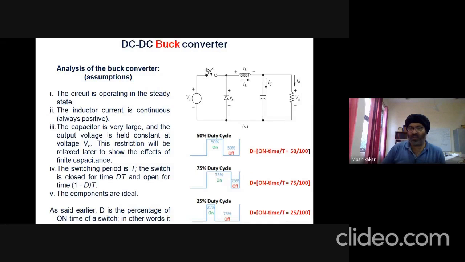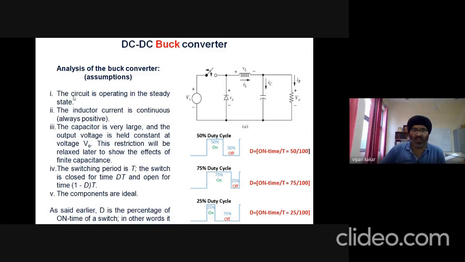This is a transistor switch, this is a diode switch, so that things can be simplified. But in practice, we don't use diodes, we use transistors as switches because of their low losses. Diodes always have more losses compared to transistors.